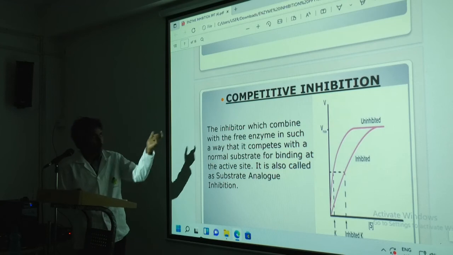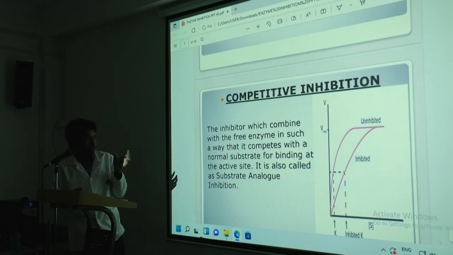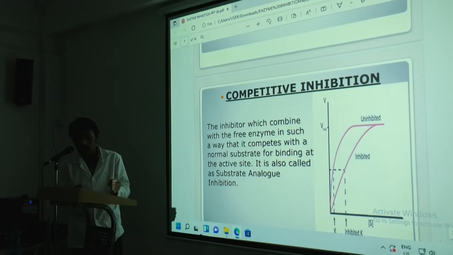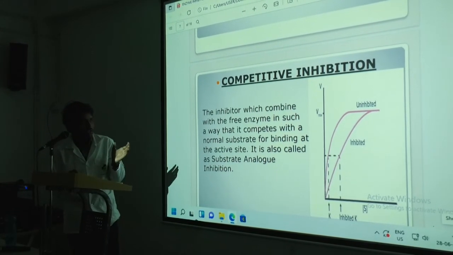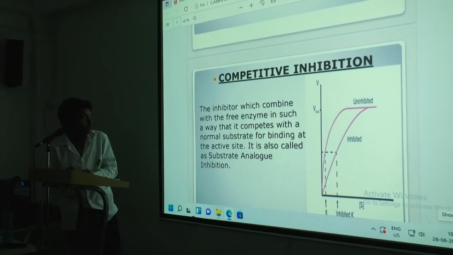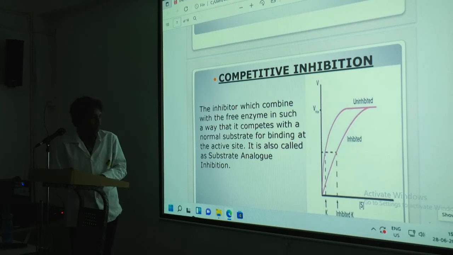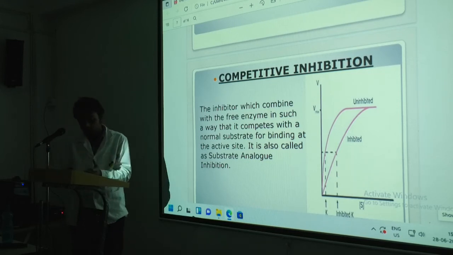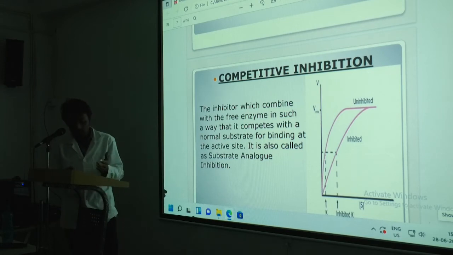But in the case of competitive inhibition, there is a competition. Why is there a competition? Because the inhibitor is actually a structural analog of the substrate, so its structure is the same. Suppose we take an example: there are 100 molecules of substrate and 100 molecules of inhibitor competing for 100 molecules of enzyme.